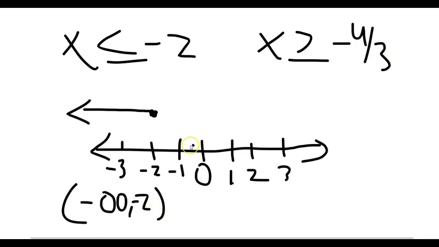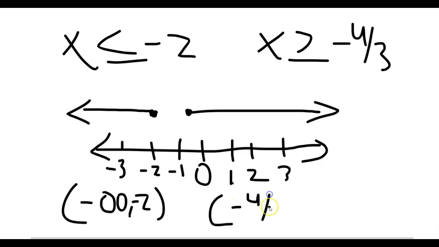And for -4/3, it'll be like right here. And since x is greater than or equal to, we're going to go to the positive side. So our interval form would be -4/3 to positive infinity. And this is how we would do compound inequalities.